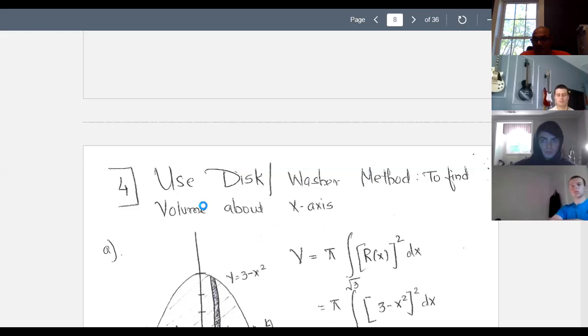In disk and washer, you are going to go through a horizontal and a vertical strip. In the shell method, again, you will be doing horizontal and vertical strips. So to find the volume by disk and washer, one way is to use a horizontal strip, another way is the vertical strip. Same here: to find the volume by the shell method, one method is with respect to a horizontal strip, the second method is with respect to a vertical strip.